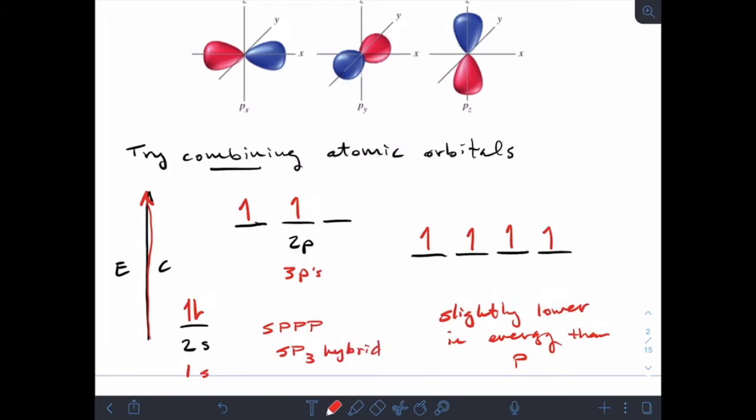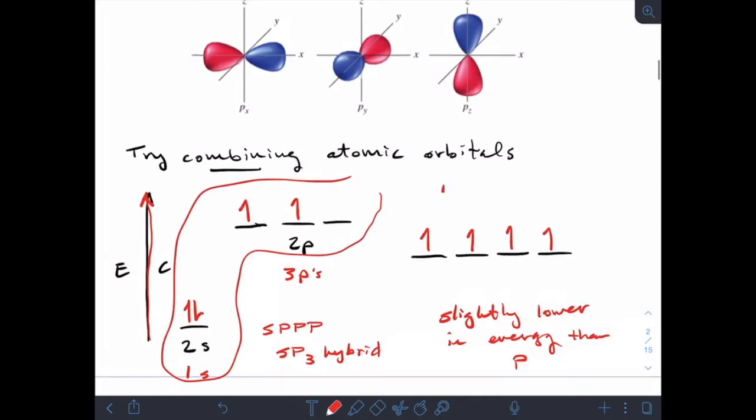Okay, so if I take 4 atomic orbitals, so over here I have 4 atomic orbitals, I should get 4 hybrid orbitals. Right? So I'll have 1, 2, 3, 4 sp3s. And again, that comes from combining 1 s orbital and 3 p orbitals.